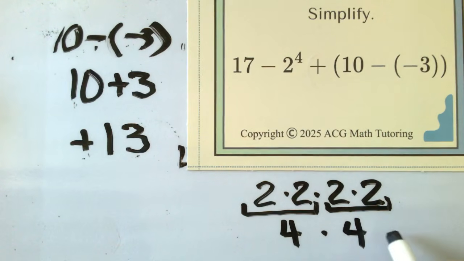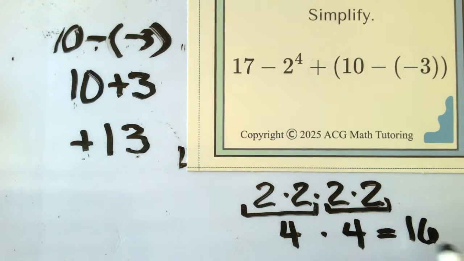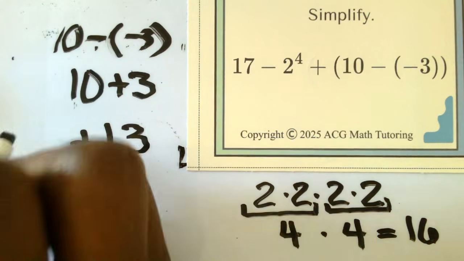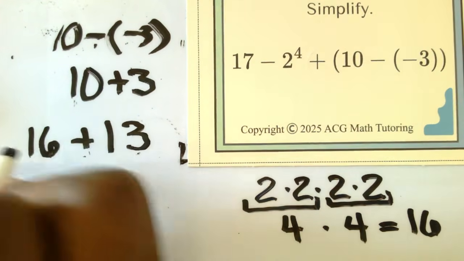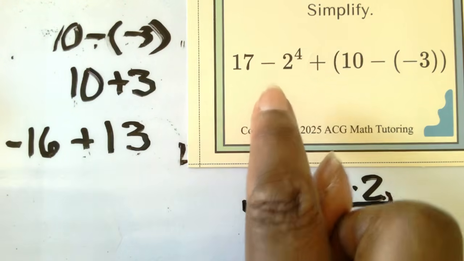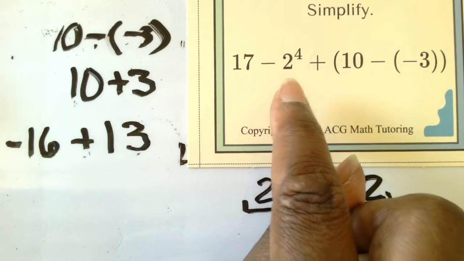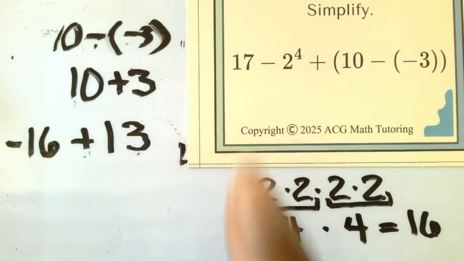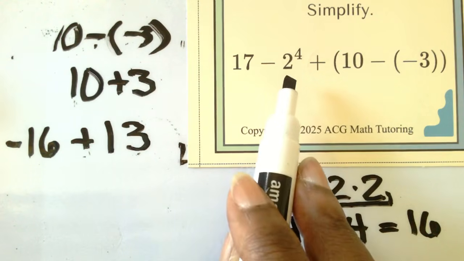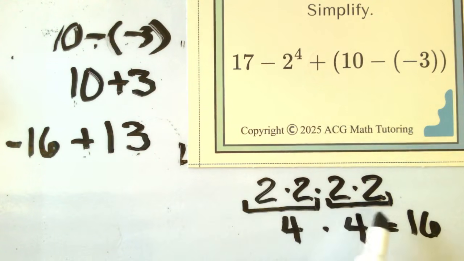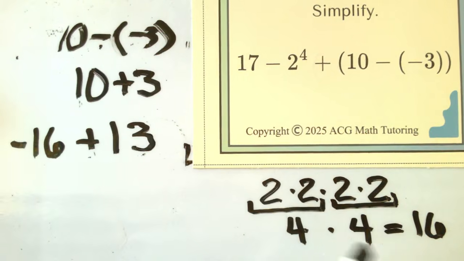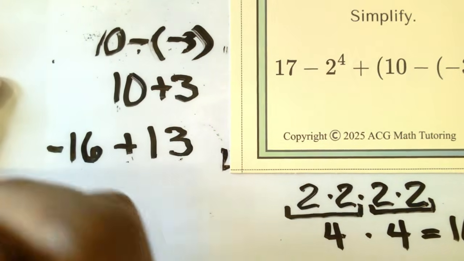And 4 times 4 gives me 16. So right here, we have our 16. And notice there's not a parenthesis around that 2. It's not a negative 2 to the 4th power. What's being raised to the 4th power is just the 2. Then we bring down our 17.